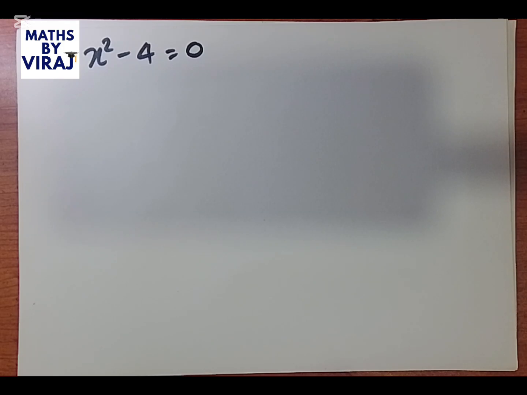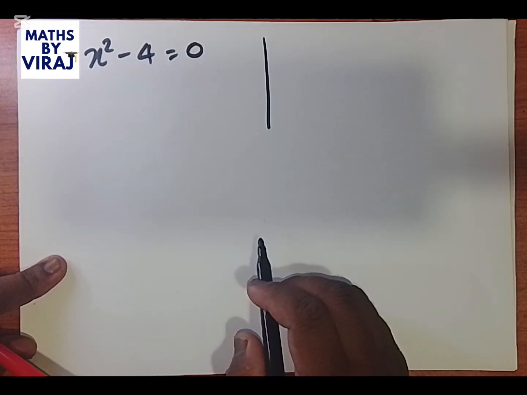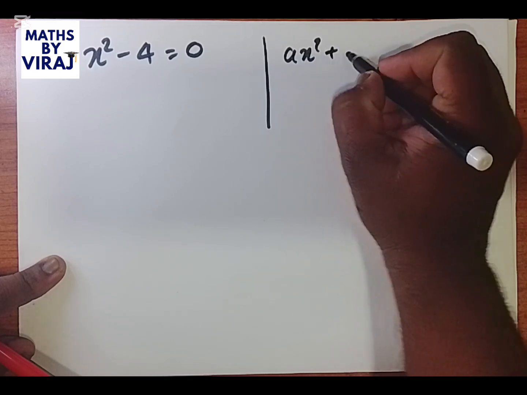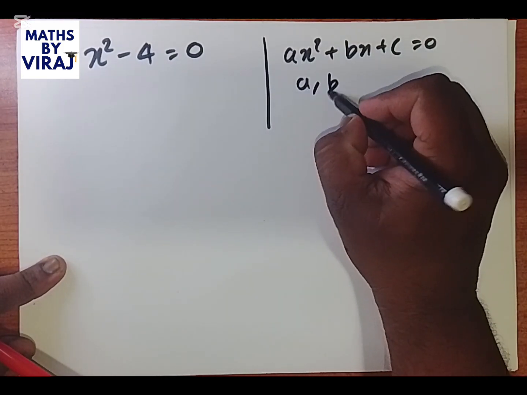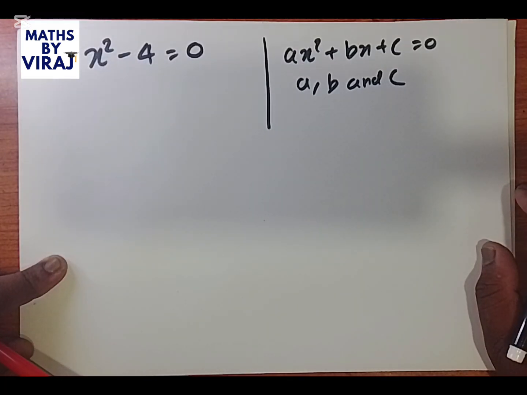Children, the complete explanation of x squared minus 4 is equal to 0 is as follows. We know that a quadratic expression is usually in the form ax squared plus bx plus c equals 0, where a, b and c are numbers, right?